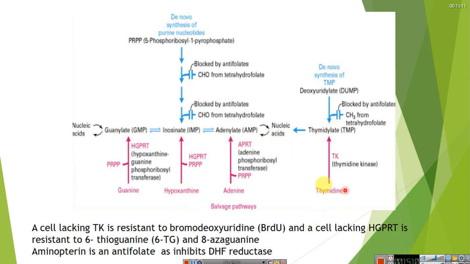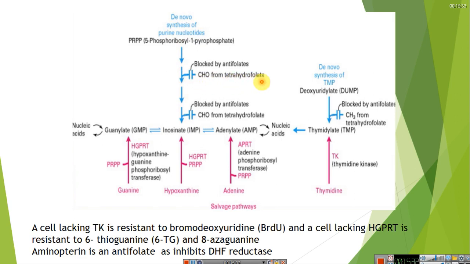You need to add thymidine in the medium to produce thymidylate if the salvage pathway is used. And in case of de novo synthesis, there are several one carbon modifications we carry out with the help of tetrahydrofolate.